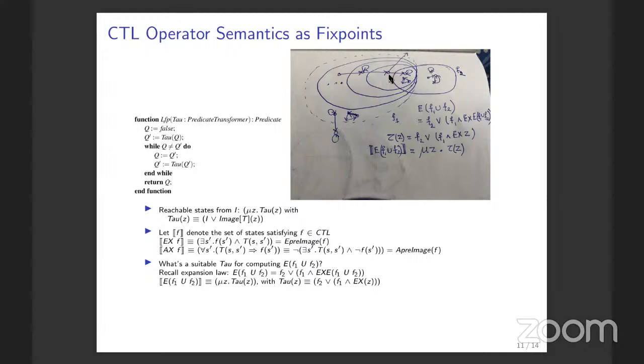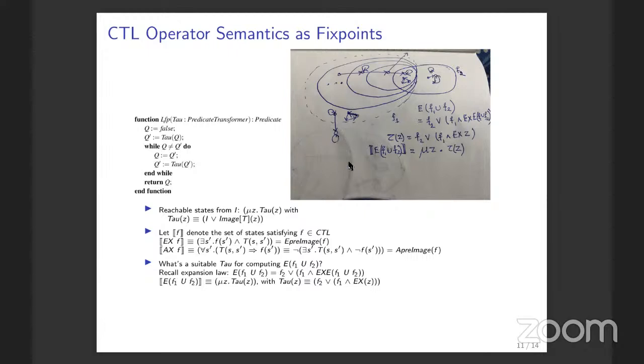So what's happening here is all these concentric circles are empty, because they all are states of this kind, like what I've shown here. This is a state that is an F1, but every successor state never satisfies F2.